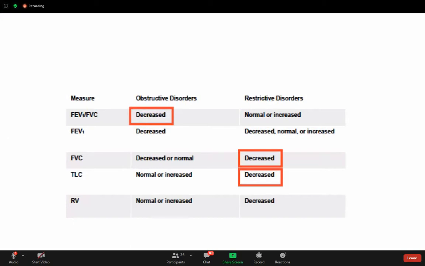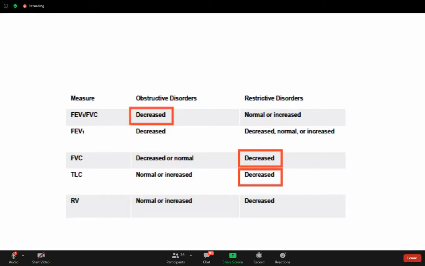You guys probably know that by now, but it's always good to go over it over and over. In obstructive lung disease, the first expiratory volume over the vital capacity is decreased, and that decrease comes from what happens in the first second, which we said is reduced.